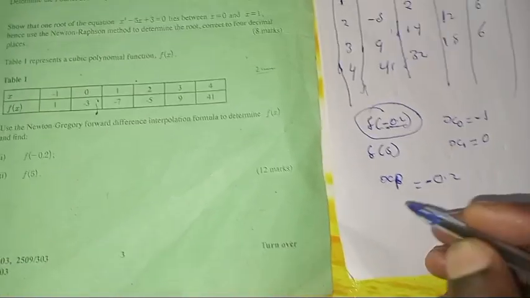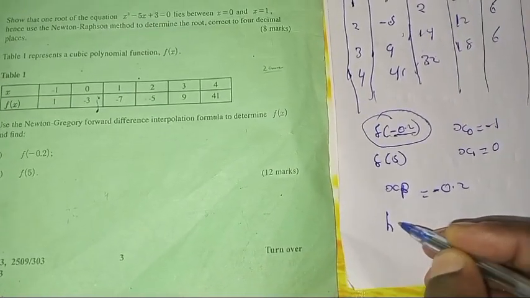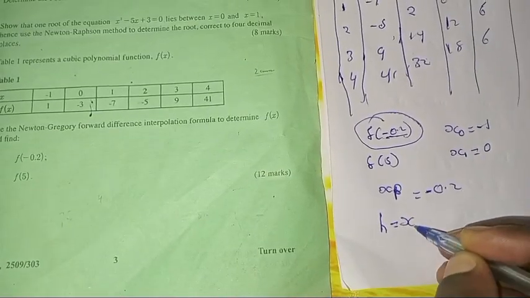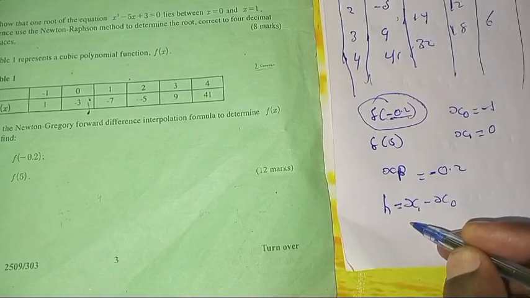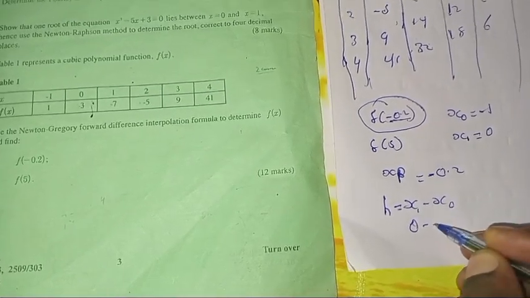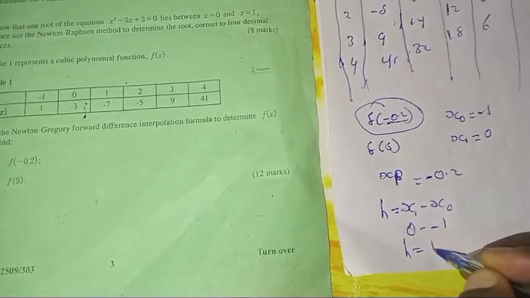We come and find the height h. h is equal to x1 minus x0, which is 0 minus (-1). So h is equal to 1.